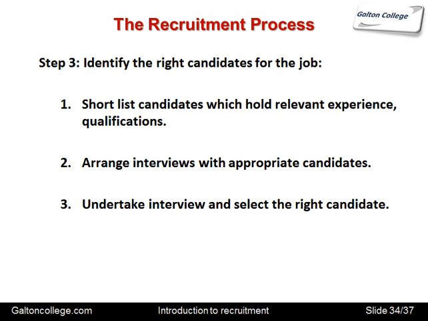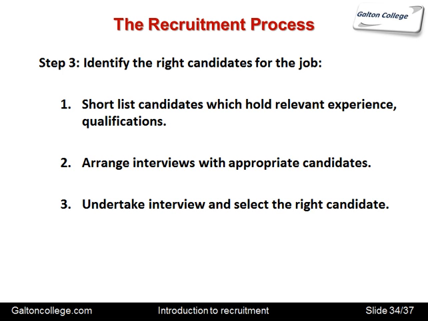So undertake the interviews and try to make it as objective as possible. Try to get a good interview panel together, people who will be working specifically with that job and with that candidate when the candidate has been recruited, but also HR, the human resource people, someone from general management, and even an outside person would be useful.